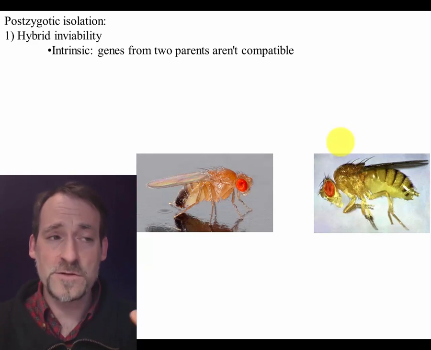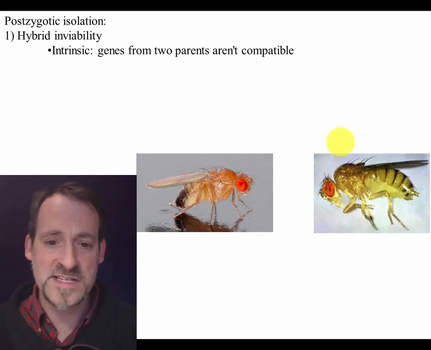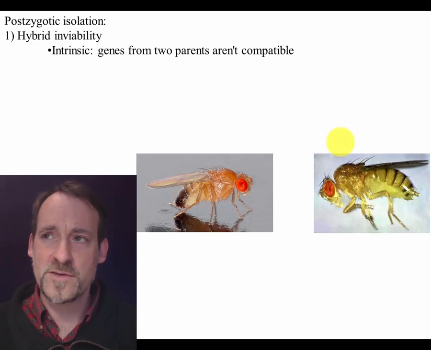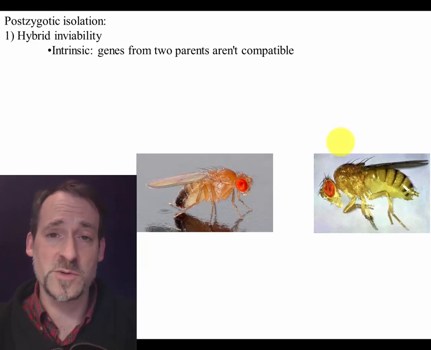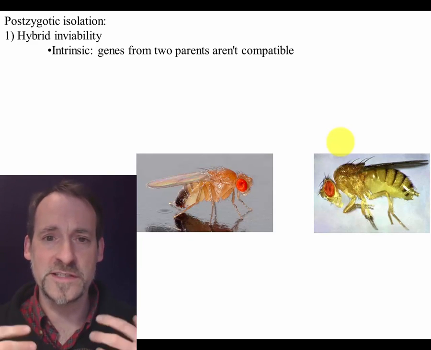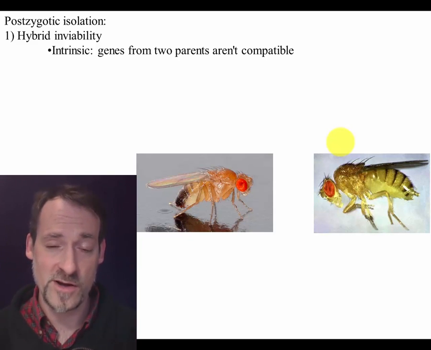So after these two species separate ways, they haven't seen each other for a while, they evolve genes that don't work well together. And so if they try to mate subsequently, they're not able to make a really well-functioning hybrid offspring.